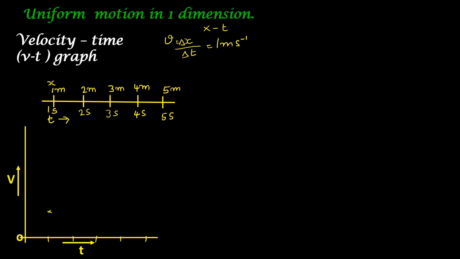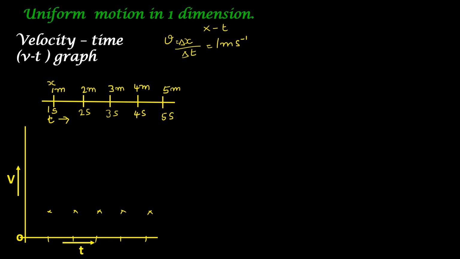It is 1 meter per second for the first second, second second, third second, and so on. So those points are marked. For all these time intervals, velocity is the same. So when we draw a straight line to connect these points with the y-axis, we will get a straight line parallel to the time axis.